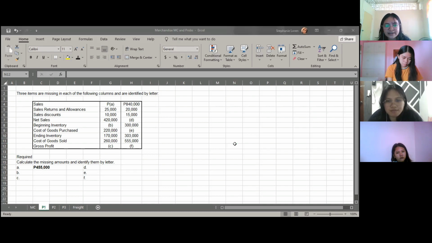Paano ka nag-arrive sa sales na 455K? Ayun, work back. So, net sales, add mo yung sales discounts, and yung returns and allowances, you will arrive at 455,000. How about letter B? What is the value or the amount of the beginning inventory?